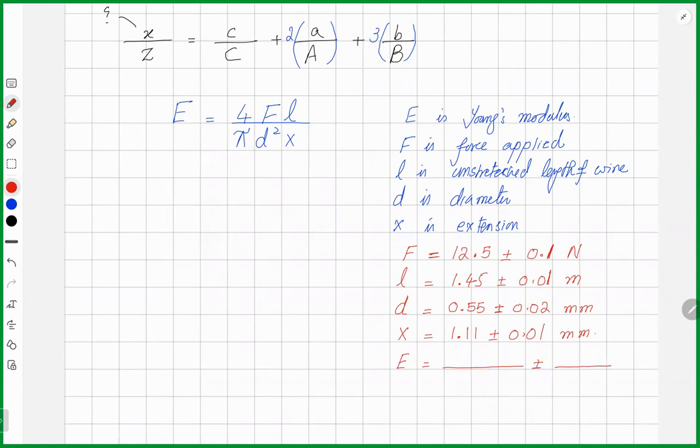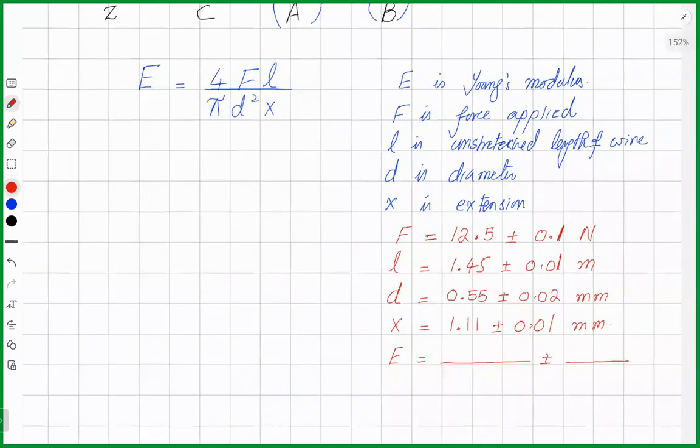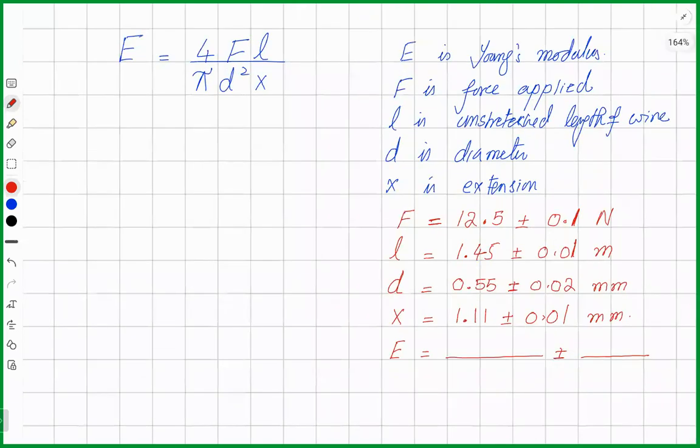Now, who is up for the job? Who thinks that he or she can calculate it? Let's give it a try. Take a screenshot of the board right now. Can you do that? All of you?